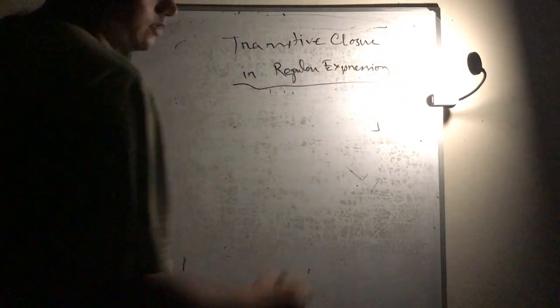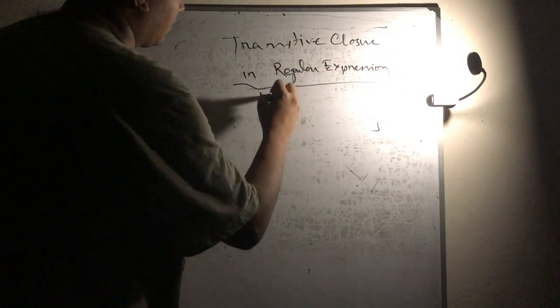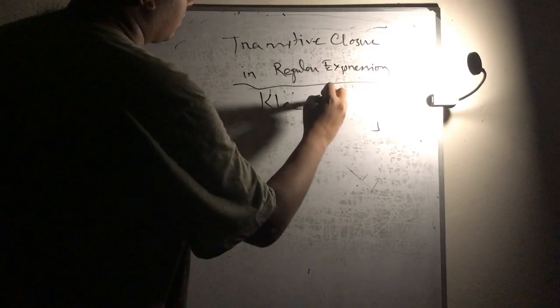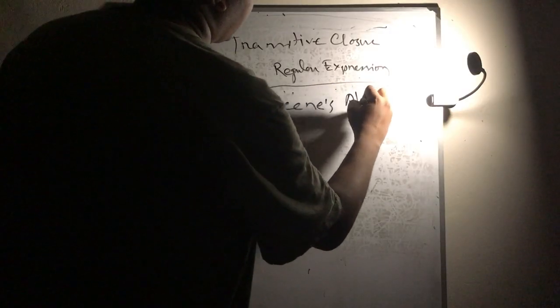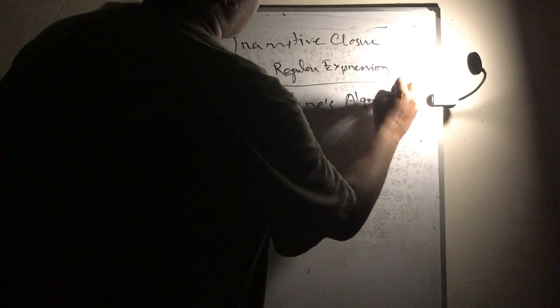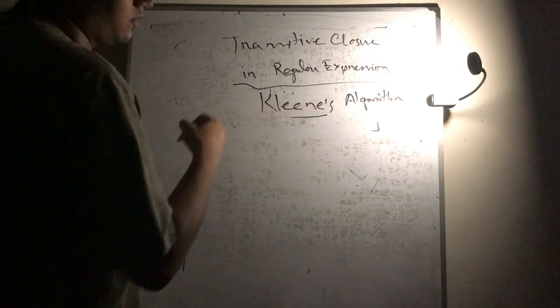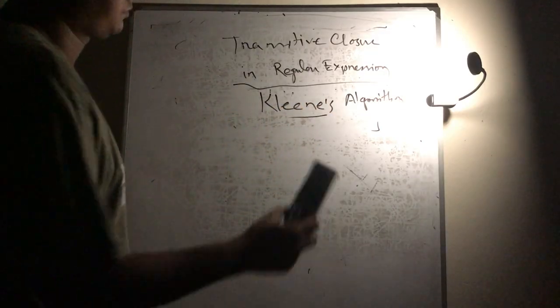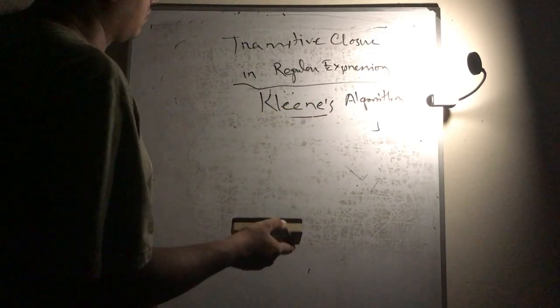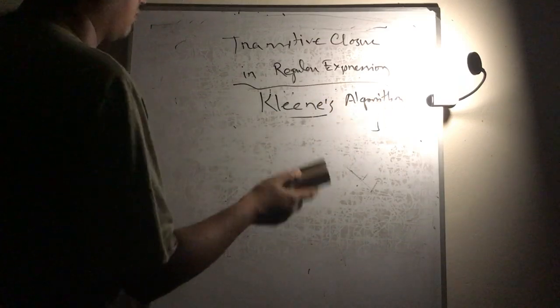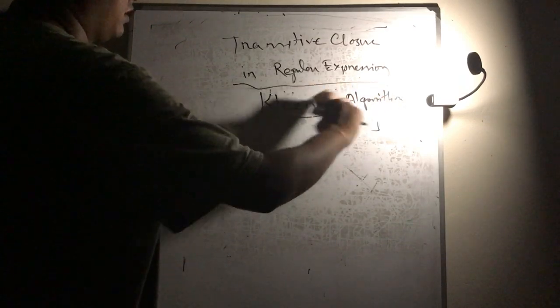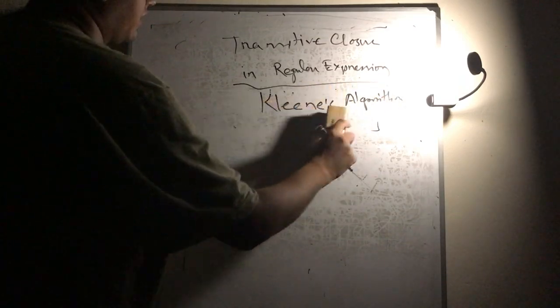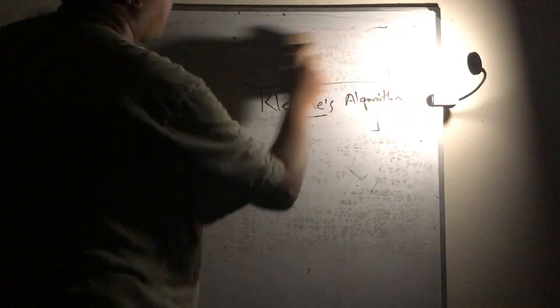In this case, we use Kleene's algorithm. Cross-check this word. Okay, Kleene's algorithm, I'm not sure of its letter arrangement, so just cross-check.